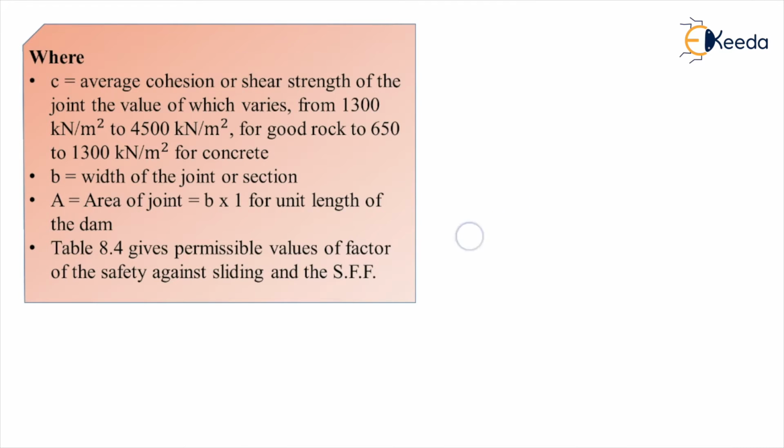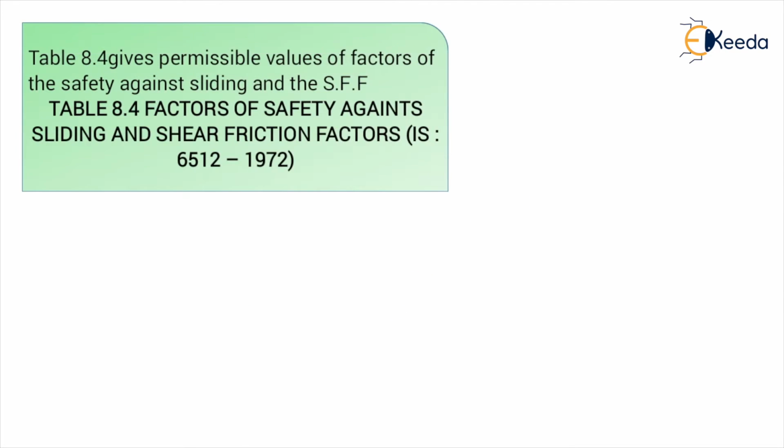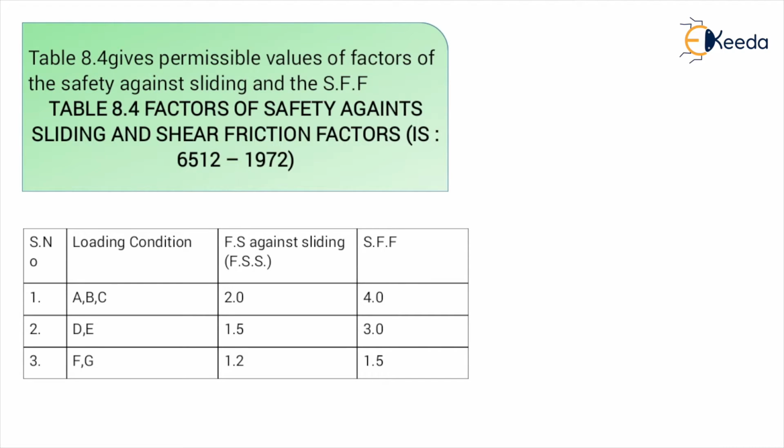So here the table is given. According to the loading condition, based on the IS code 6512-1972, here are the values of the factor of safety against sliding or shear friction factor also.